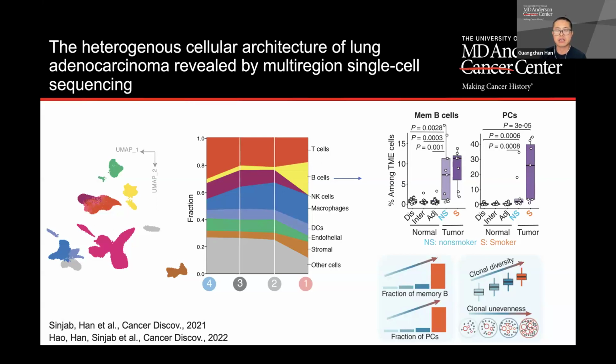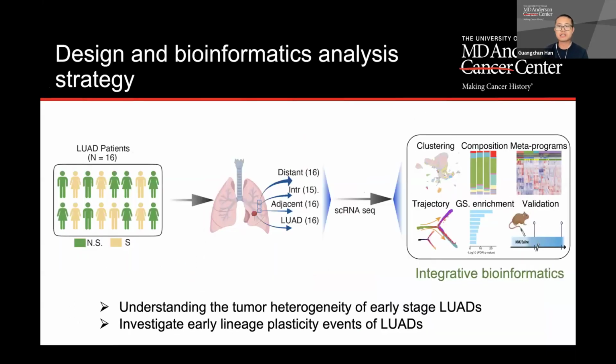What we found is an interesting enrichment of the B cell component in the tumor samples compared with the normal regions. More interestingly, the enrichment of B cells was more specific to smokers compared with non-smokers. We were also able to characterize the B cell clonalities across the multiple samples I showed on the previous slides. Okay, so this is a brief introduction about the background.